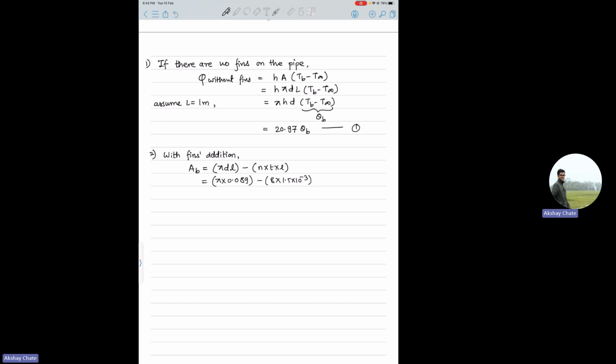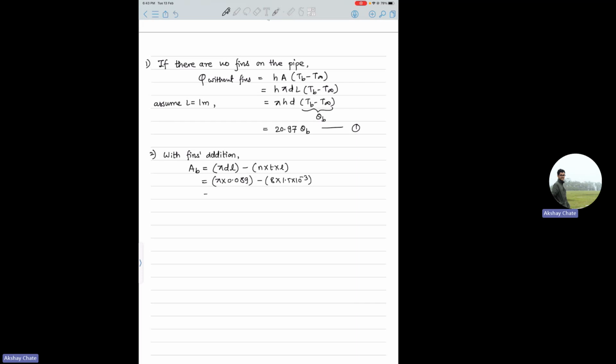Pi into 0.089 minus 1.5 into 8, that is 12, 12 into 10 to the power minus 3, so 0.012.